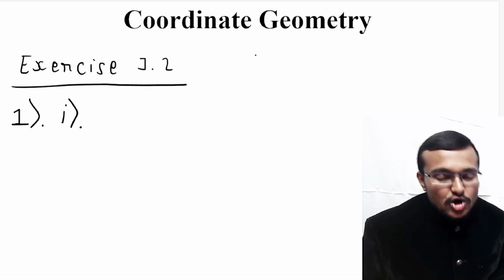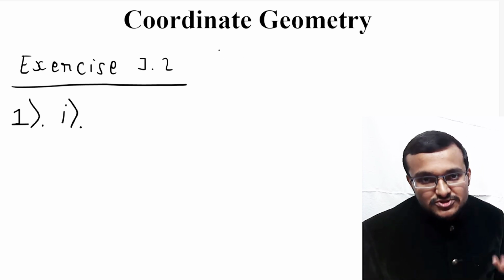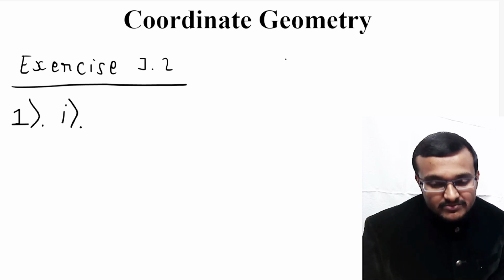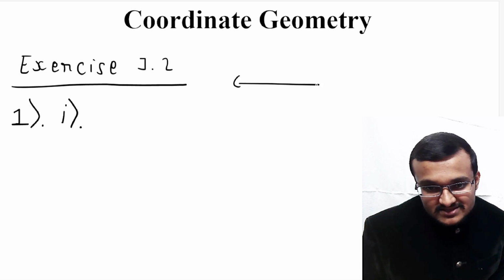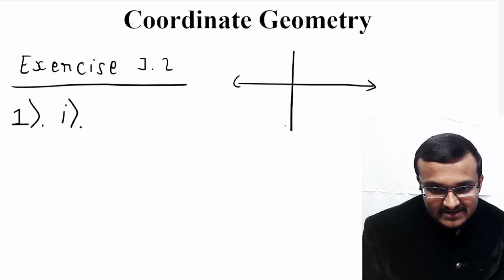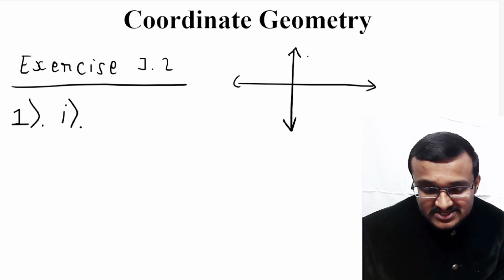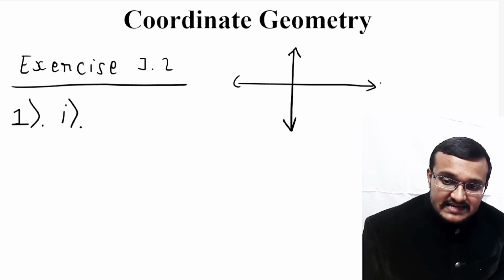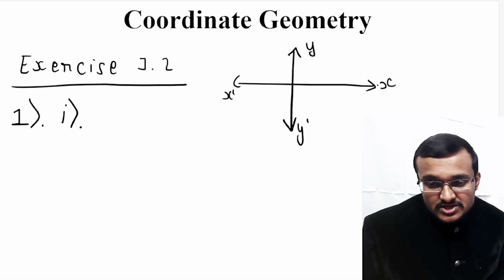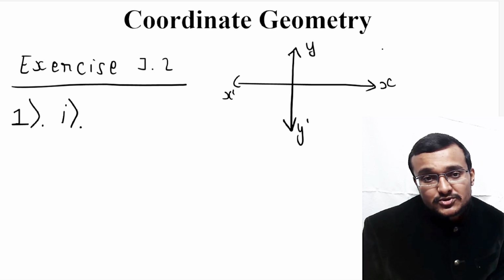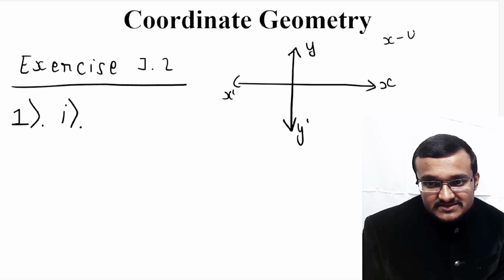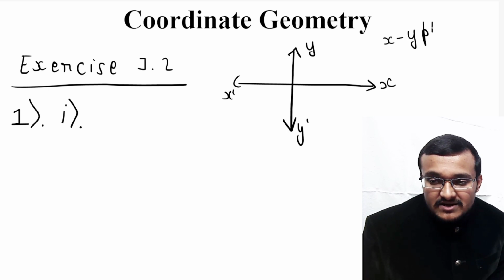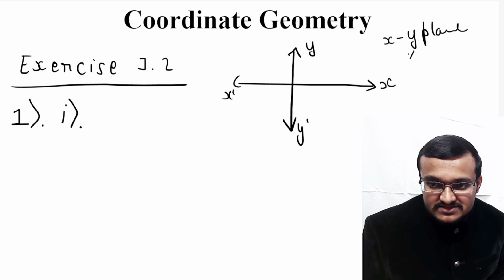The Cartesian plane is also known as the coordinate plane, or the XY plane, because here we are taking a horizontal number line and a vertical number line. These two number lines we are taking, and we are naming them X and Y. So this plane can also be known as the XY plane, and it contains two different axes: one is the X axis and the other is the Y axis.